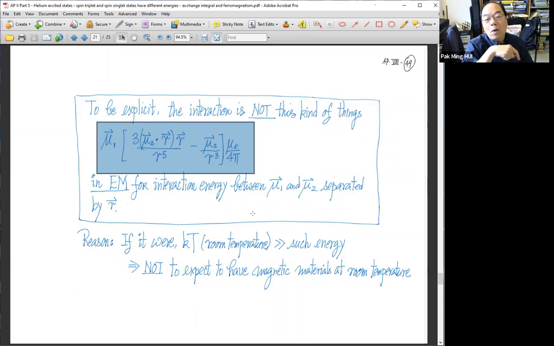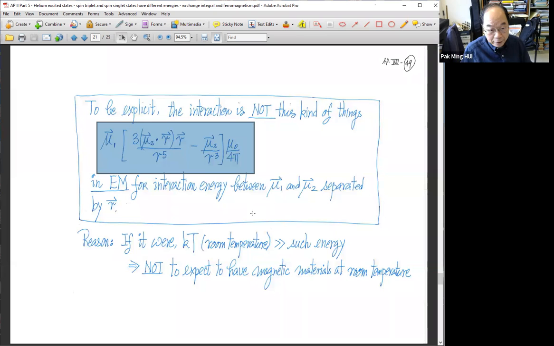Now, the point is that after you know the net spin or net magnetic dipole moment of an atom, you can put the numbers in here. It turns out that this interaction energy is too small to justify that we will have ferromagnetic materials at room temperature.